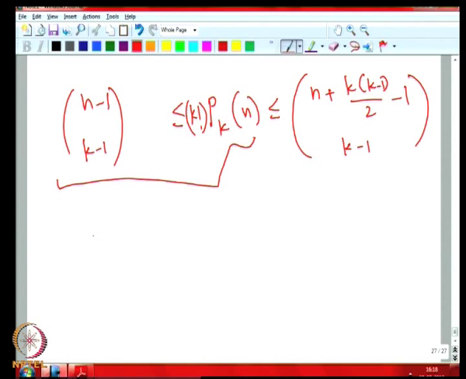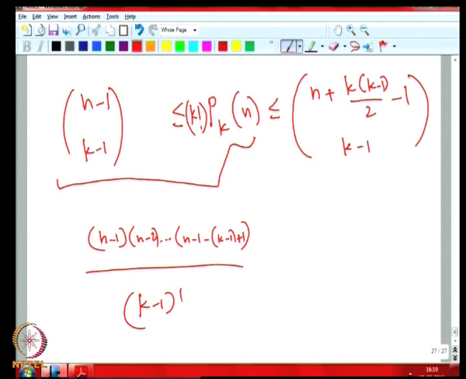So this n minus 1 choose k minus 1 will look like n minus 1 into n minus 2 into, so k minus 1 terms, n minus 1 minus k minus 1 plus 1, right, divided by k minus 1 factorial. And this k factorial I can take out, this is less than or equal to pk of n.